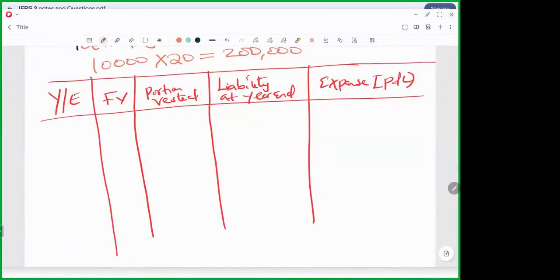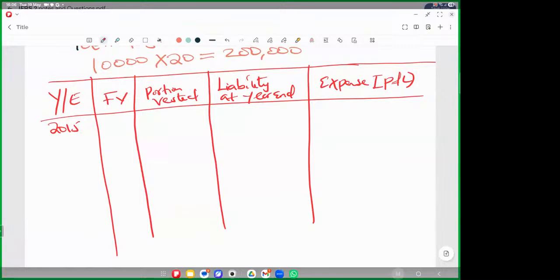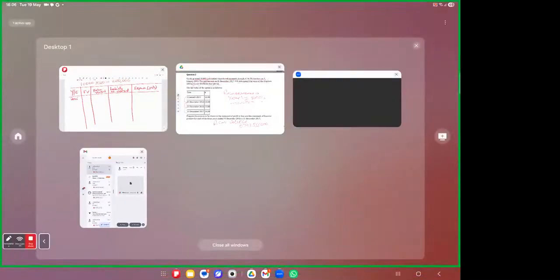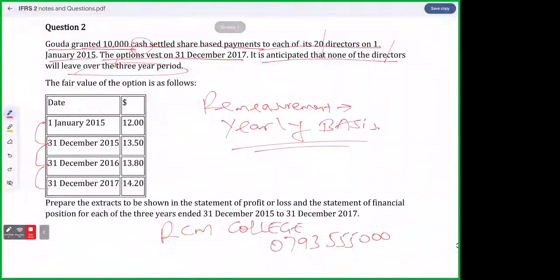So we start with 2015. If I share this with you, ladies and gentlemen, you'll be able to see the year ending 2015. You know, this was the starter. The year ending 2015. The fair value is 13.5.